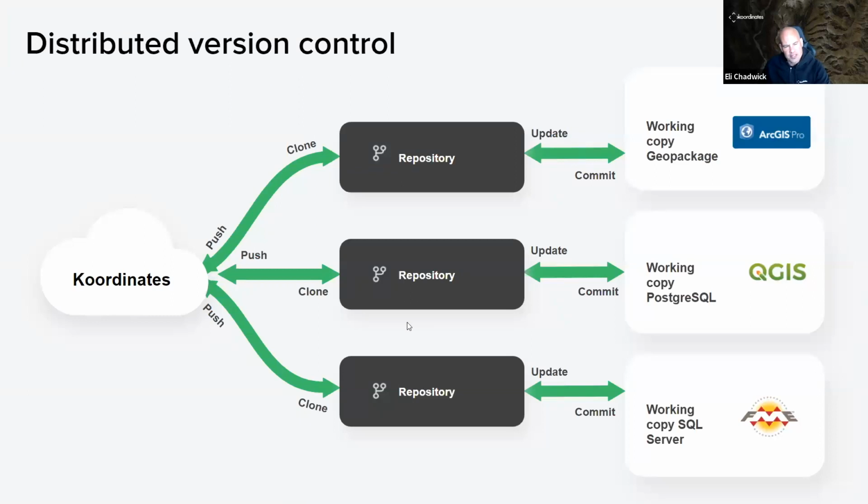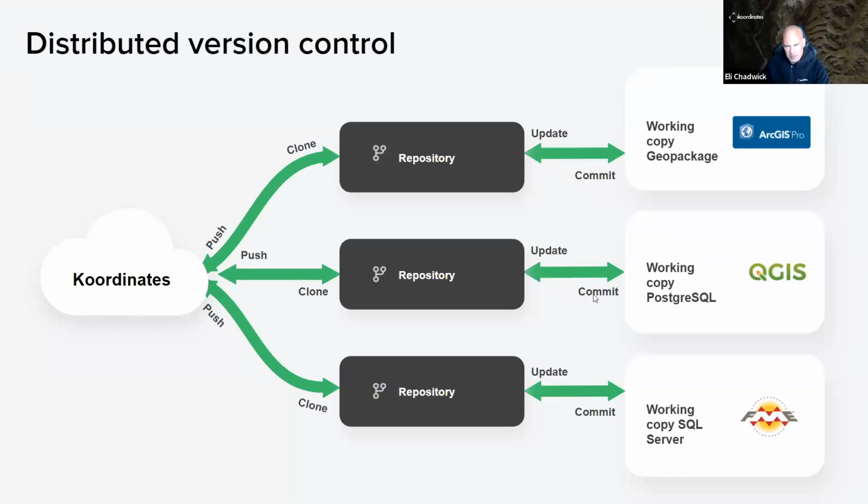The thing that this ecosystem encourages is you can have your Esri folk, they can clone a layer down via the app, they can do their work on it, push it back up to Koordinates, and then a QGIS or open source user can stay in touch with their data being synced up with any changes that have come from other users. So it gives you that sort of end-to-end workflow where people can collaborate on a data set effectively without having to do backups and sending zips around on Dropbox and things like that.